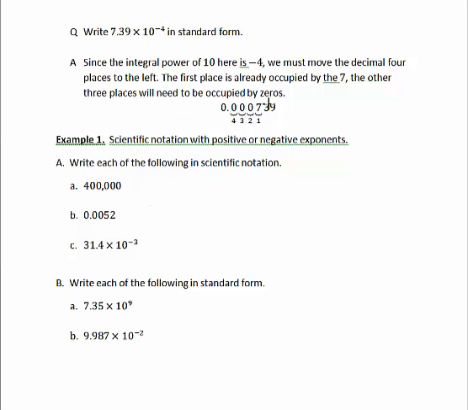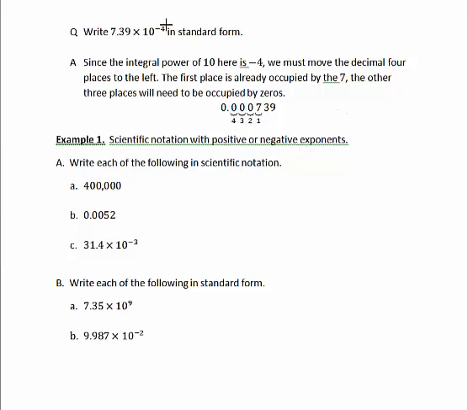Okay, and the workbook has worked out another example for us. They took 7.39 times 10 to the -4 and they went backwards. They put it into standard form, the form without the times 10 out to the right.